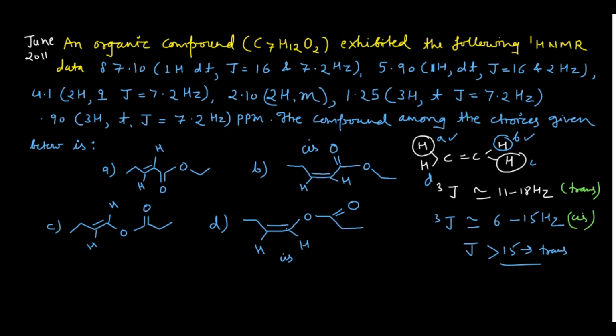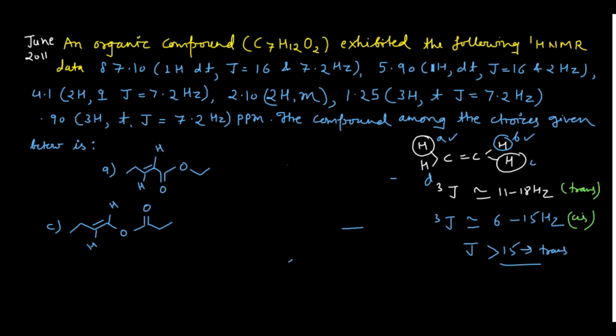So immediately you can conclude that you can ignore B and D, because they are the cis ones and the coupling constant is suggesting the structure is trans. So we can remove options B and D from here.